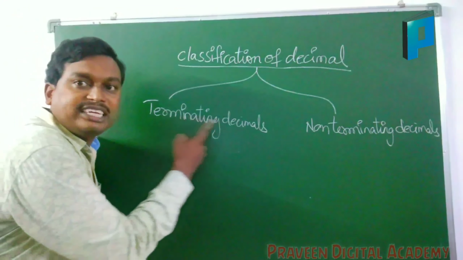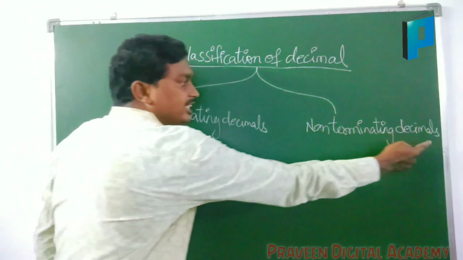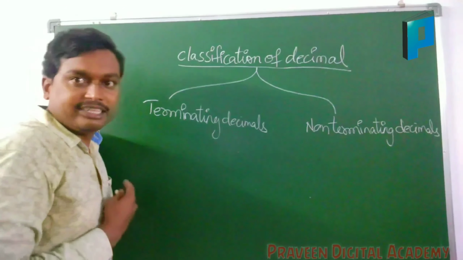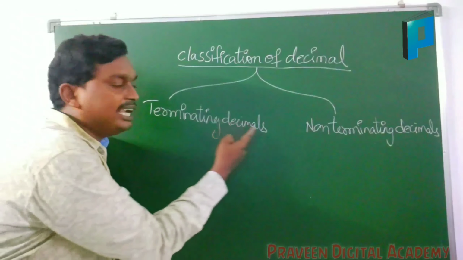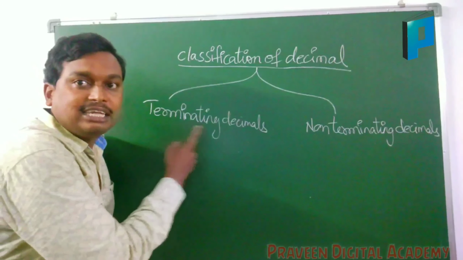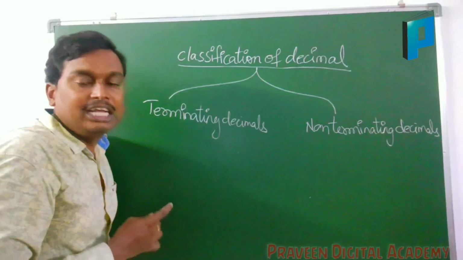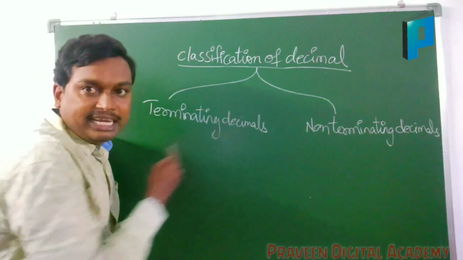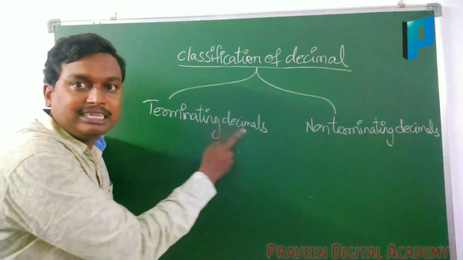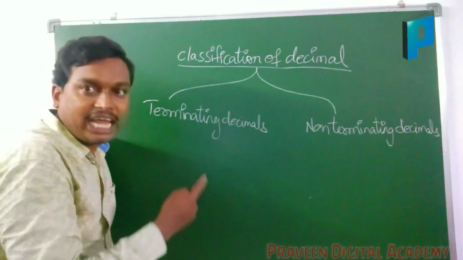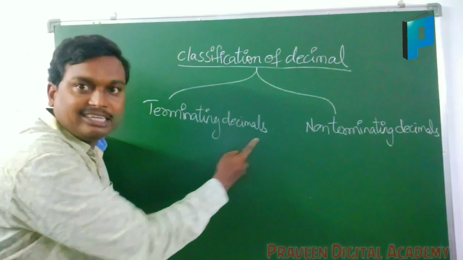Here, what is a terminating decimal? What is a non-terminating decimal? Let us see now. A terminating decimal means a decimal number which has an end.